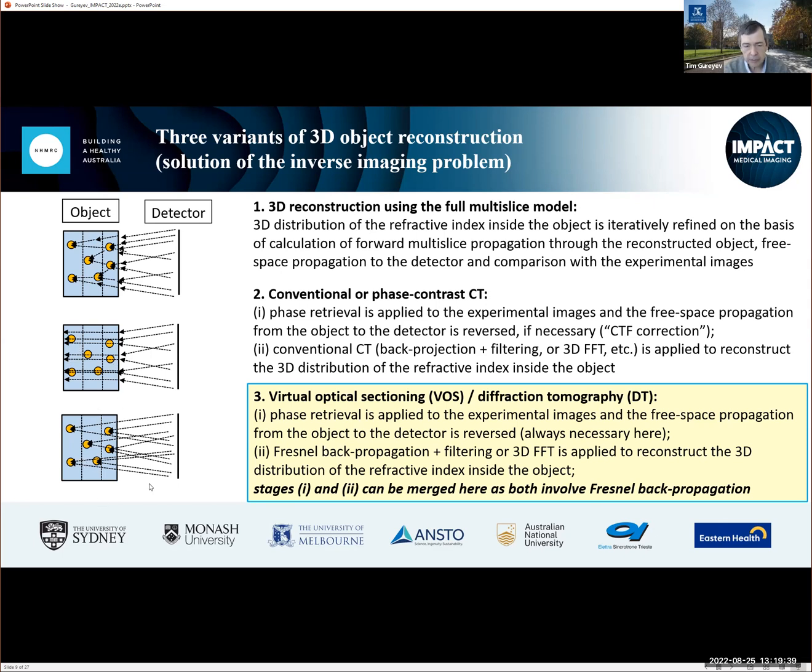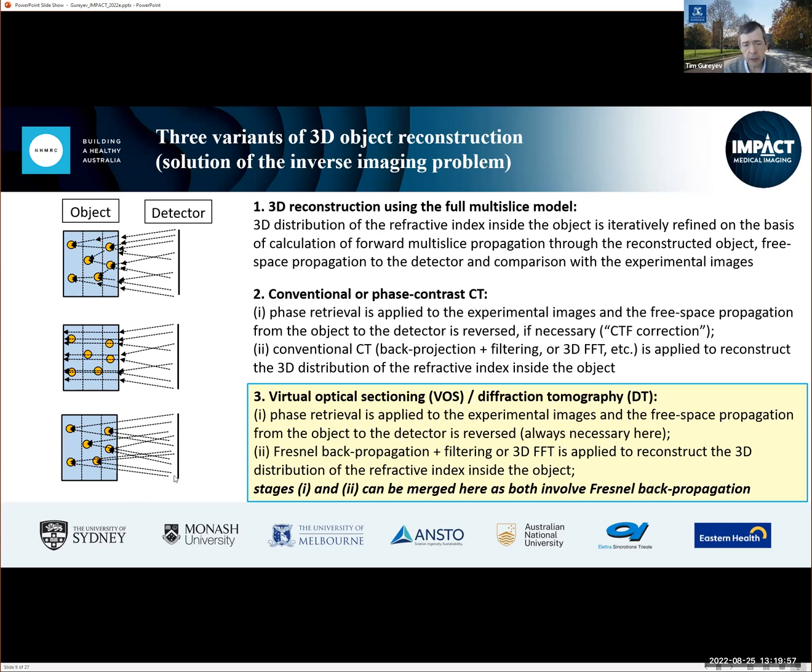In the new method, the approach is different. We apply phase retrieval, but the phase retrieval here can be different from the TIE home method, and I will describe it in a minute.